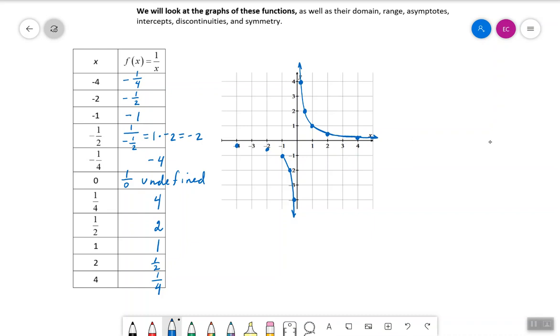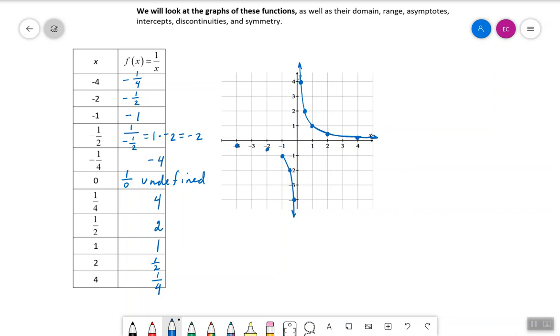What if x is 100 or 1,000 or 1,000,000? Then y is a positive number closer and closer to 0, but still greater than 0. So we never actually get to the x-axis. We never actually get y equals 0. We just get closer and closer. This is different than a polynomial function. If you remember those graphs in the previous sections, they always shot up or down at the left and the right ends of the graph.